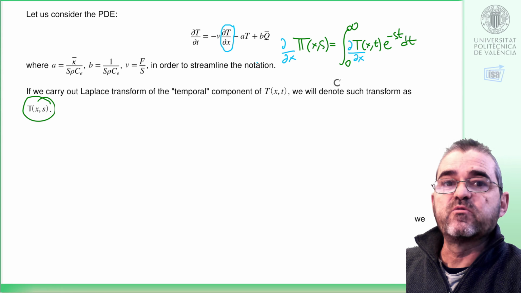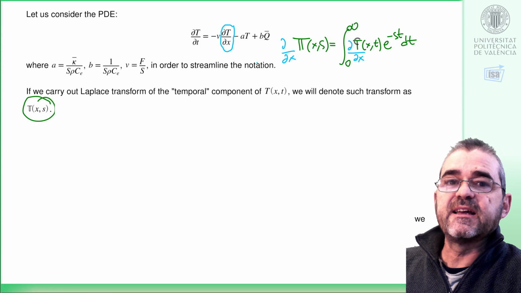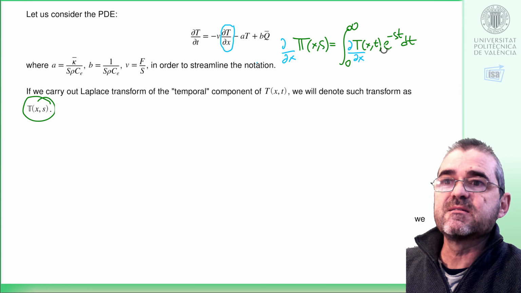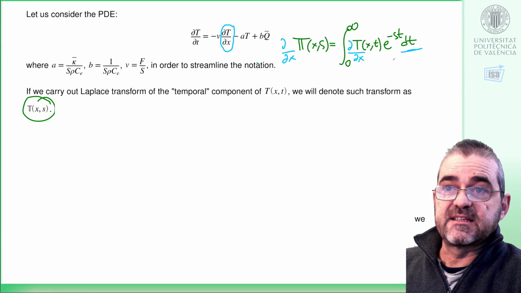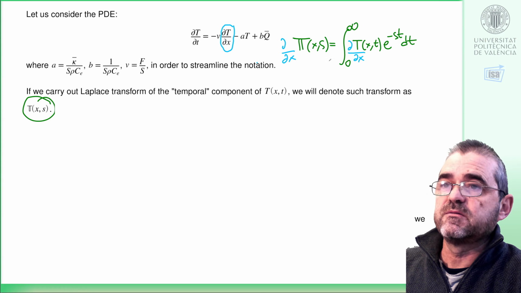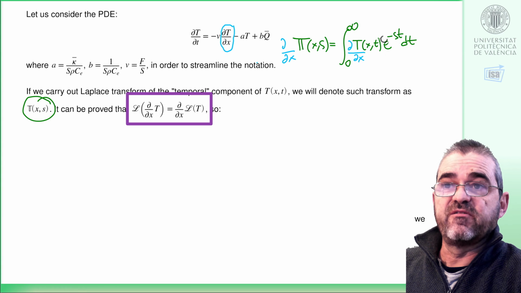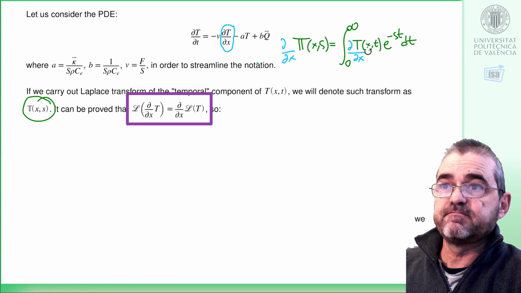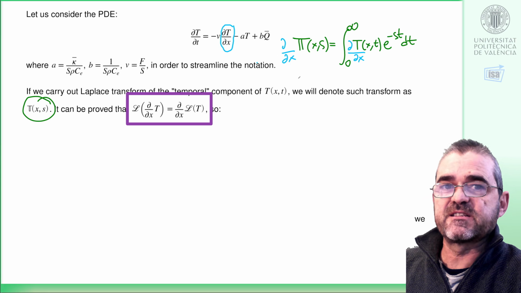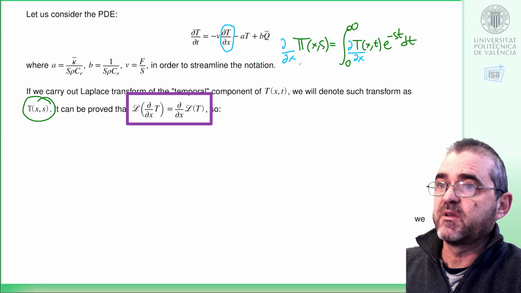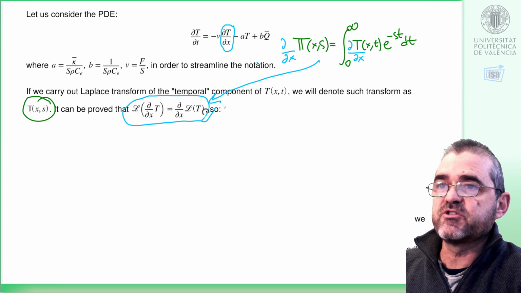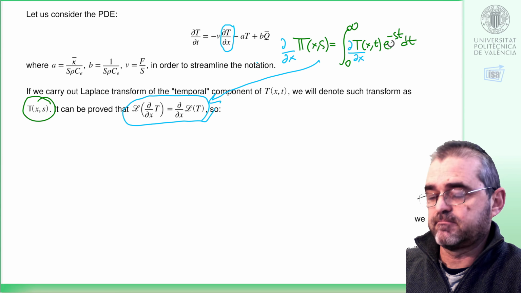Of course, formal proofs are more complicated with limits, etc., but it seems common sense because x is not the variable involved in the integration. So the Laplace transform of the spatial derivative is the spatial derivative of the Laplace transform. Remember that Laplace transform refers to the time domain. Good. Then this is, in a generic abstract notation, what we are saying here.